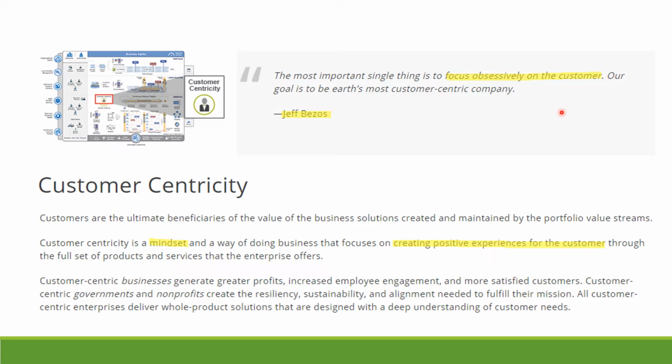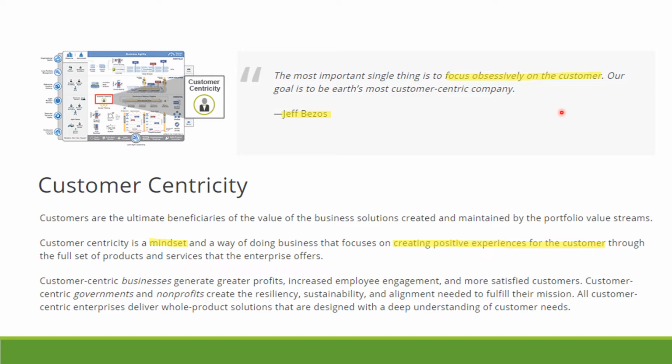So customer-centric businesses generate greater profits, increased employee engagement, more satisfied customers, better NPS. All customer-centric enterprises deliver whole product solutions that are designed with deep understanding of customer needs, right?